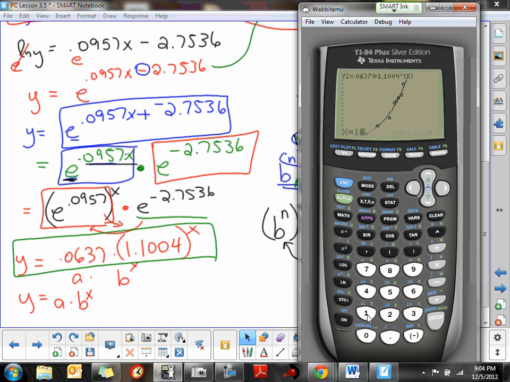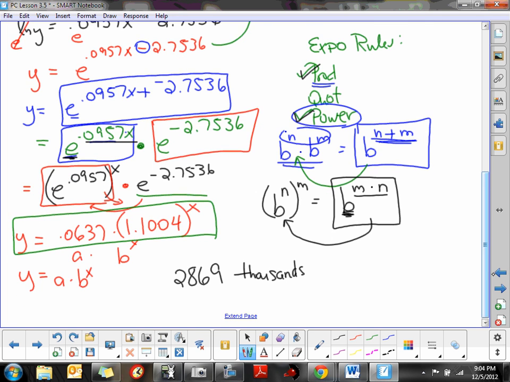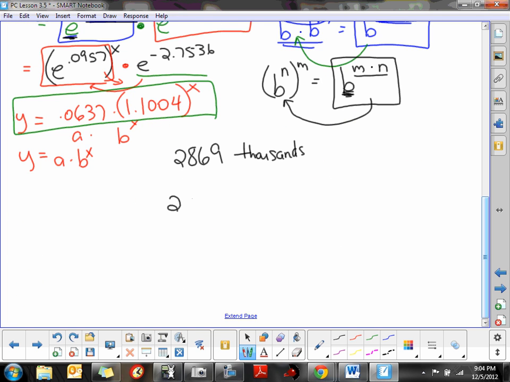So I'm going to type in 112, hit enter, and it's telling me that the salary is predicted to be 2,869. So let me write that down. 2,869 thousands. So if I'm thinking right, then that should be in thousands. 2,869 thousand.